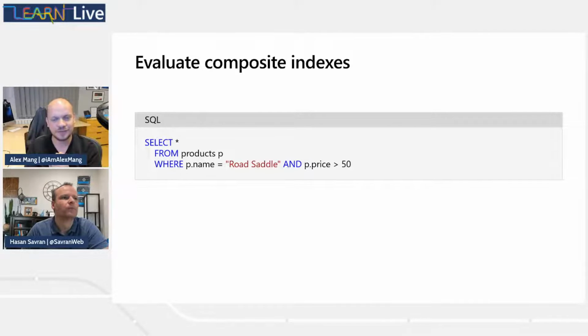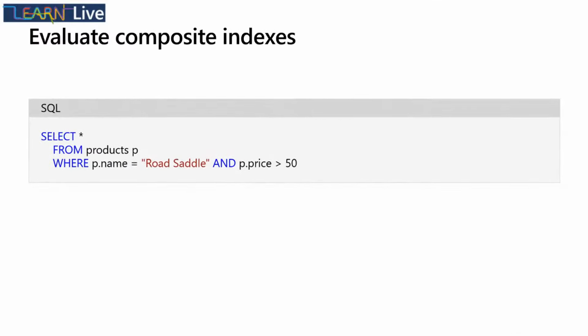Yeah, that sounds great. Now, I think that we did a great job explaining composite indexes, but there are some particularities about utilizing composite indexes, aren't there? Like you can't just put everything in and just think of that as a composite index. So if we take a look at this example query right here, select star from products where the product name equals road saddle and the price is greater than 50.